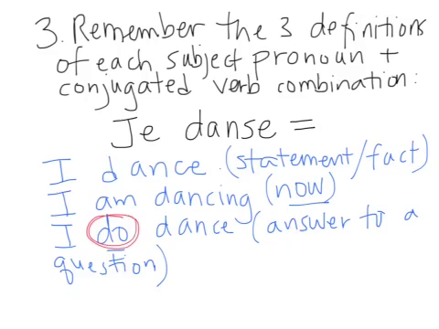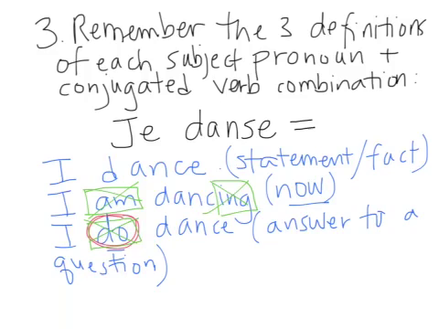What's really important to remember with each one of these translations is that when you are trying to write from English to French, that word am, the ending ing, and this word do, you don't really have to worry about.